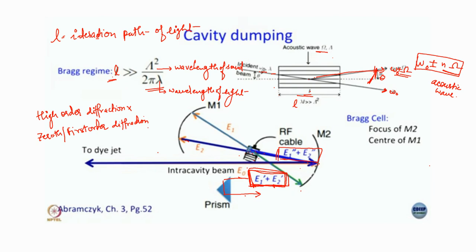First of all, talking about cavity dumping: cavity dumping means when you incident an E naught beam on a cavity, passing through the Bragg cell, what you get as the output beam is the sum of E1 prime plus E2 prime, which is the sum of the diffracted beams.